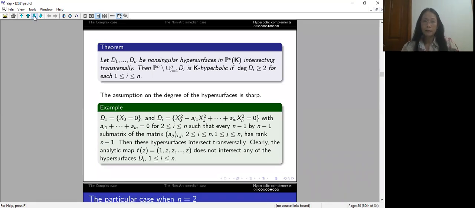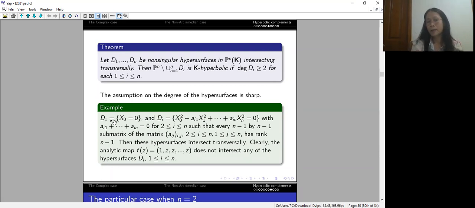So if we consider D1 to Dn non-singular hypersurfaces in projective space intersecting transversely, then we can reduce the number from n plus 1 to n here. And the condition we need is that all degrees of the hypersurfaces have to be bigger than or equal to 2. For example, if one of them has degree 1, then the theorem is not correct anymore. Here's the example.